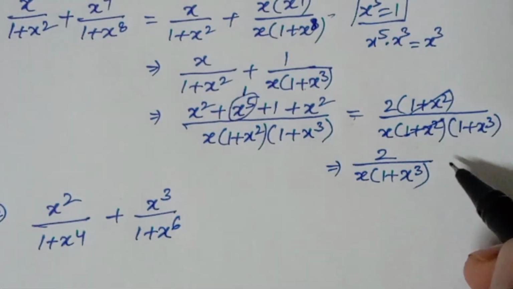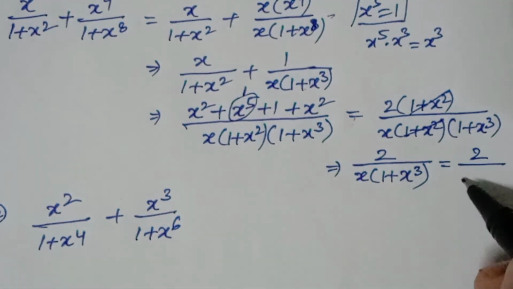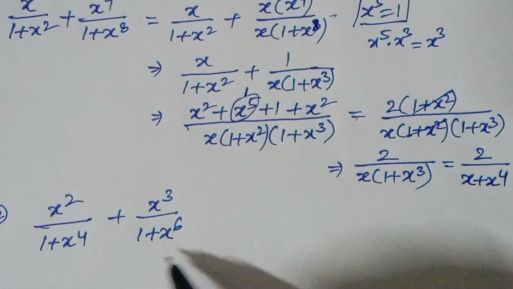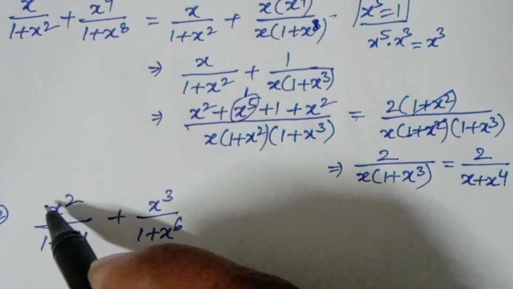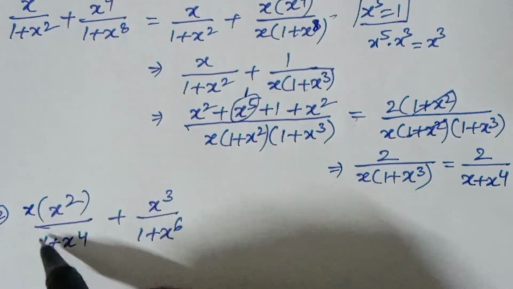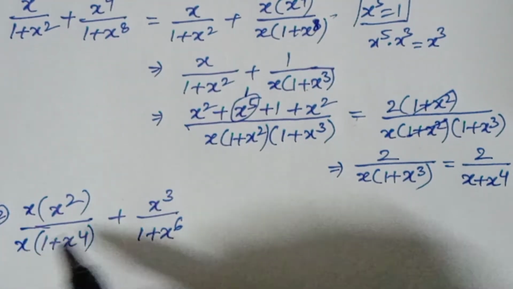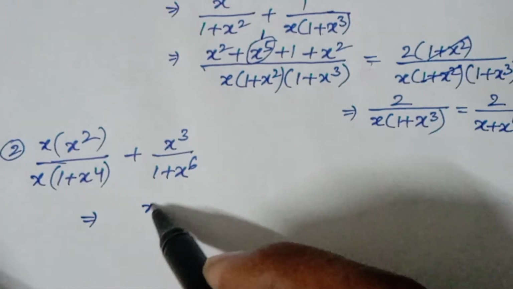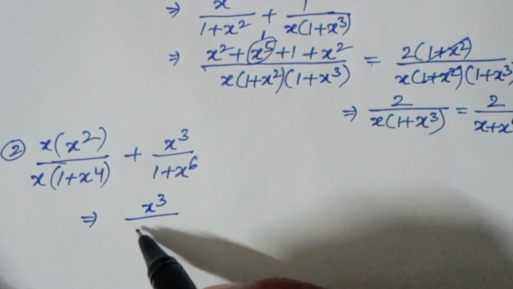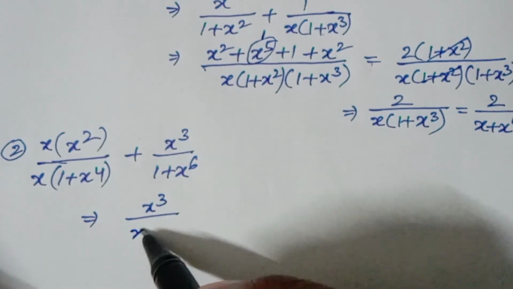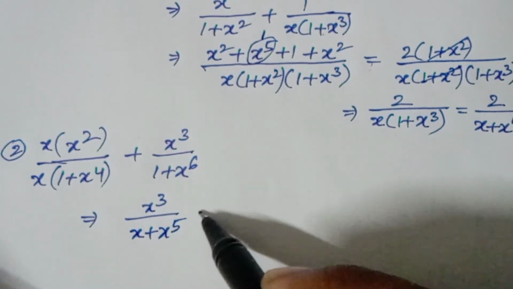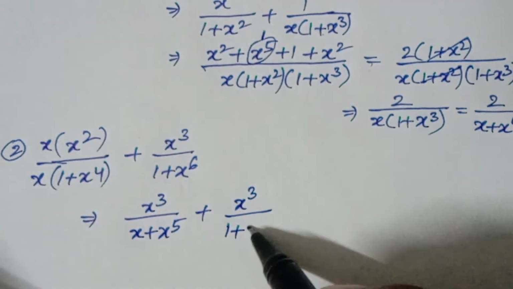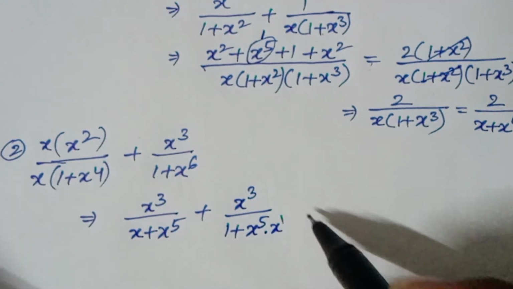Here, multiplying the first one with x and dividing with x, it will become x cube by x plus x to the power of 5, plus x cube by 1 plus x to the power of 5 into x power 1.